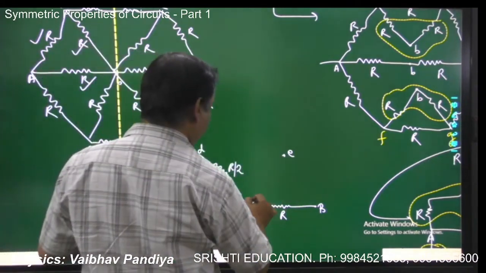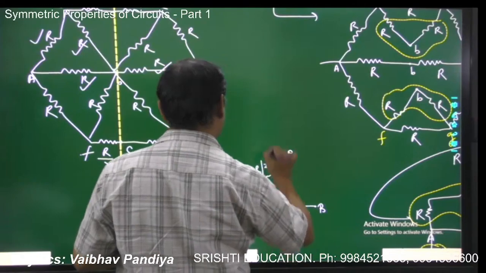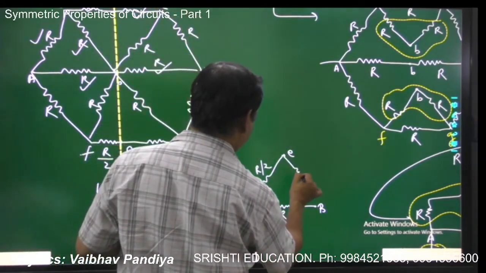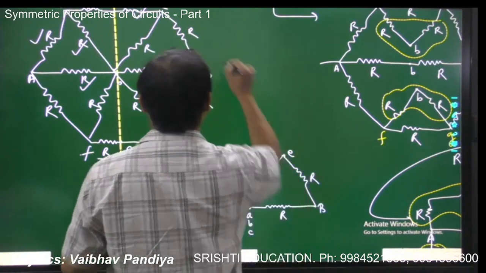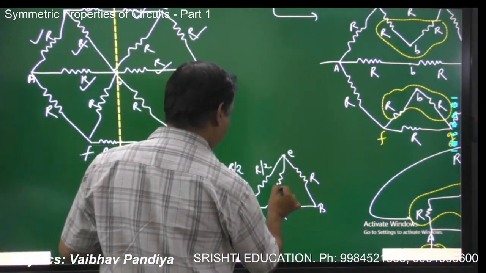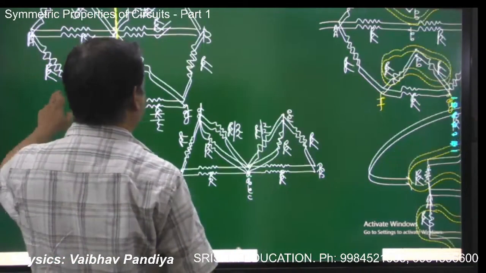Between A and E, we have R by 2. Between E and B, we have R, and between B and E, we have R. Okay, this is the upper configuration.